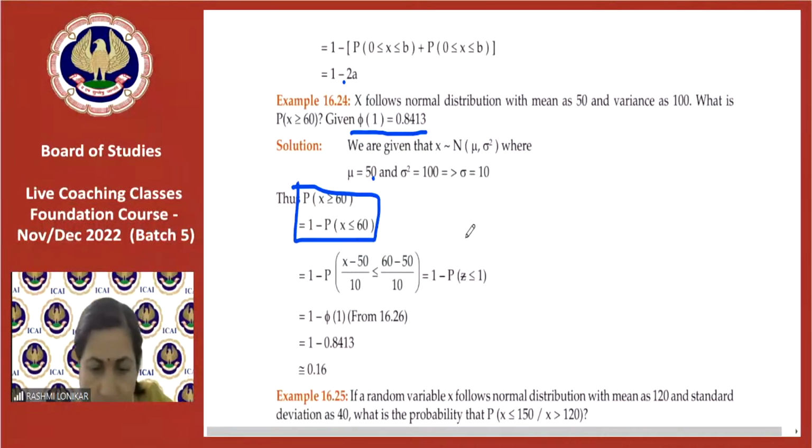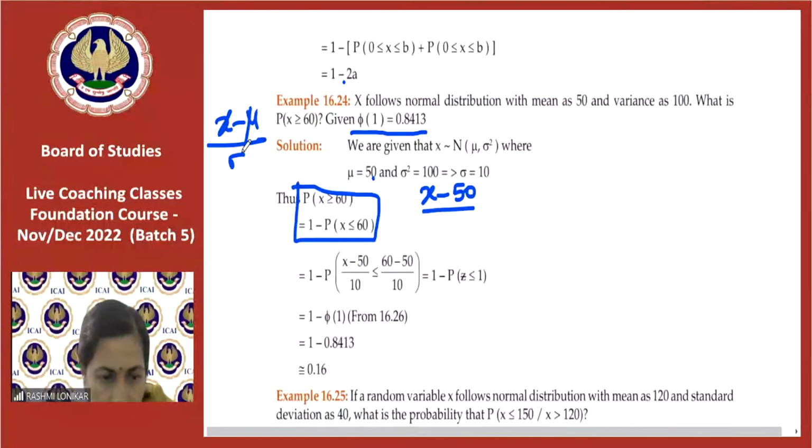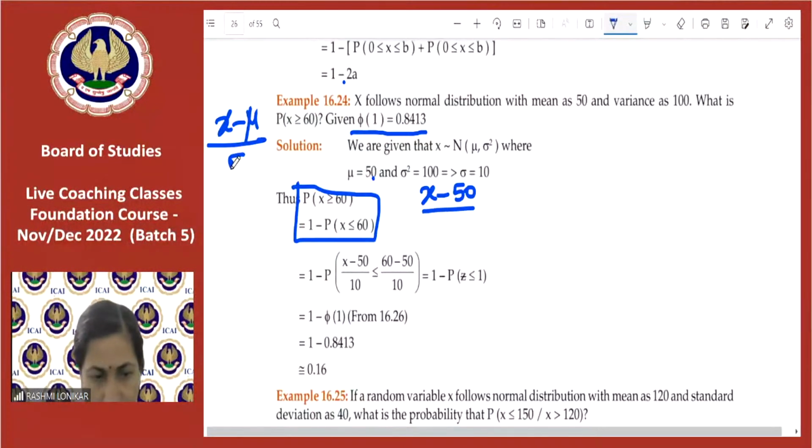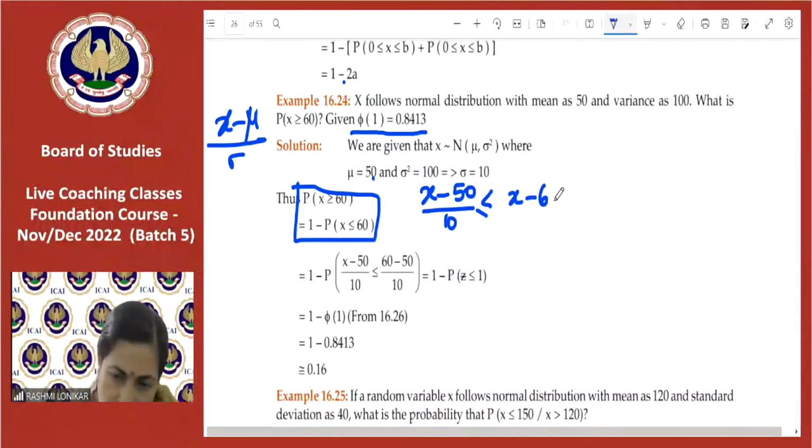X greater than or equal to 60 means you need to know that (X minus mu) upon sigma. So (X minus 50) upon sigma. What is sigma? Square root of 100. Sigma square is 100, sigma will be 10. So upon 10, less than or equal to.